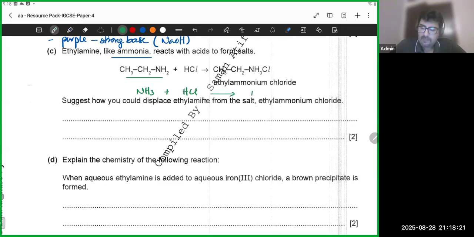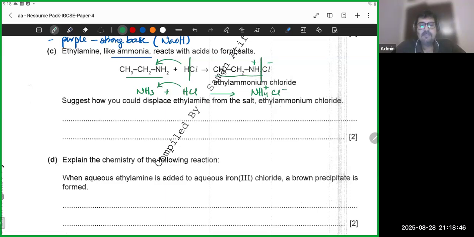The ammonia will accept an H coming from the HCl. It will add it to itself, and Cl- would be left. So that's your ammonium salt, right? Ethylamine does exactly the same. It accepts the H coming from the acid, and it becomes CH3CH2NH3+, right?